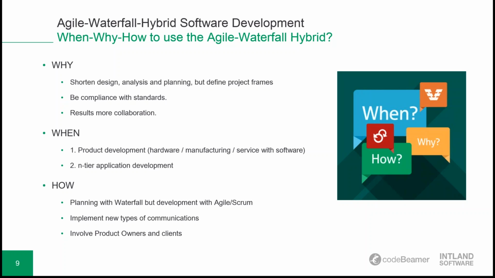And how to use Agile Waterfall hybrid is always a big question. Nothing is set in stone actually about how to use Agile Waterfall hybrid, but I would love to give a few tips from us how we recommend using it. So first, we recommend planning, design, and requirements definition can be done with Waterfall, but development and test in short sprints with Agile Scrum.